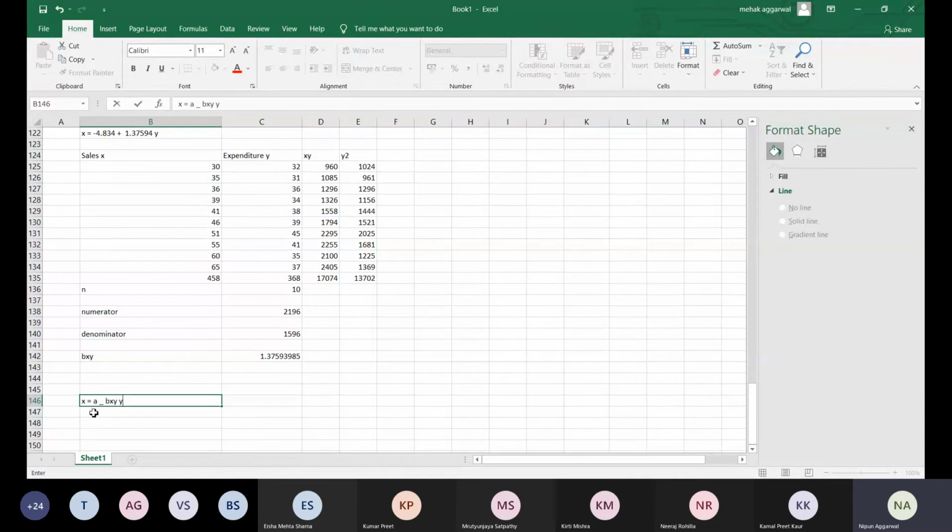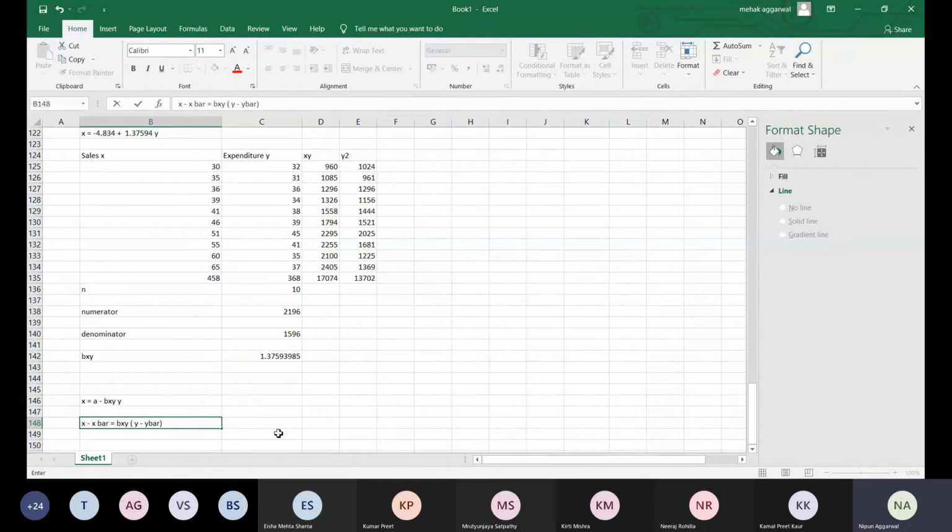So here, if we want to find the value of a, the equation will be replaced by x minus x bar, the mean, is equal to bxy into y minus y bar, the y mean.